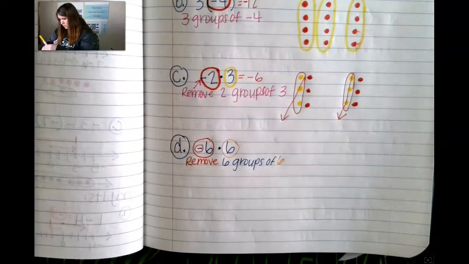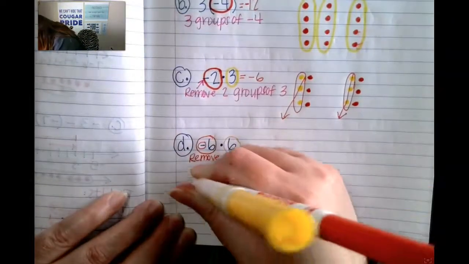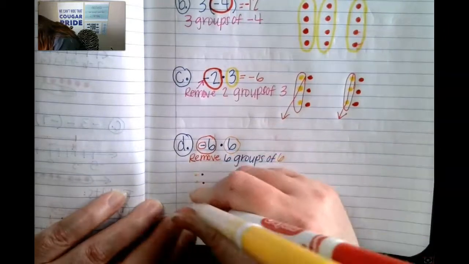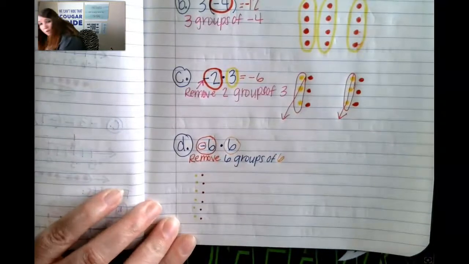So I'm going to try to make my 0 pairs again, and I need 6 at a time. 1, 2, 3, 4, 5, 6. There's some 0 pairs.